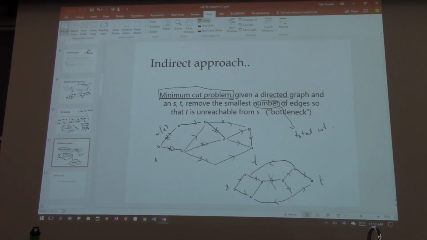My only clarification: we're not removing the edges of smallest weight. We're just removing any edges such that we can disconnect. Yes, the goal is that the sum of weights of the edges you removed needs to be minimized.